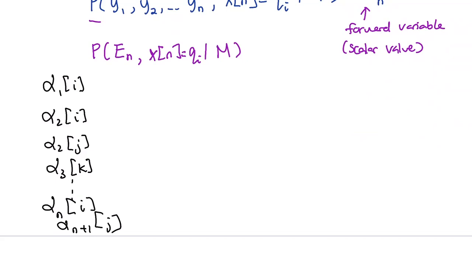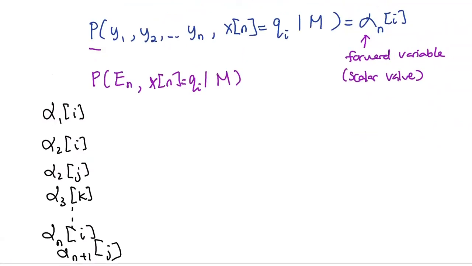So notation-wise, this alpha 1 at i is the probability that I observe this value at time 1, given that at time 1 the state is Qi for my particular model, right?